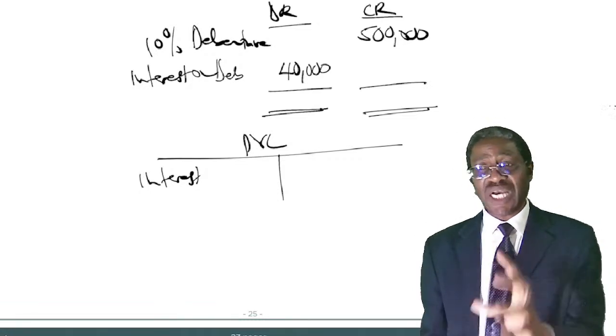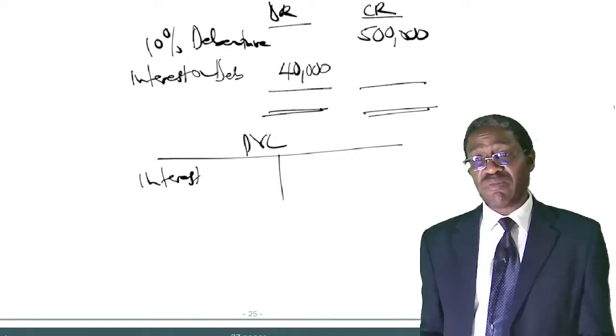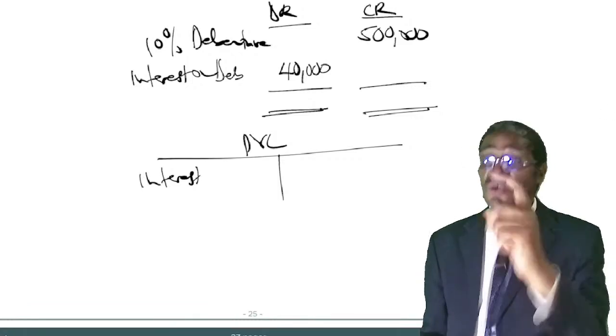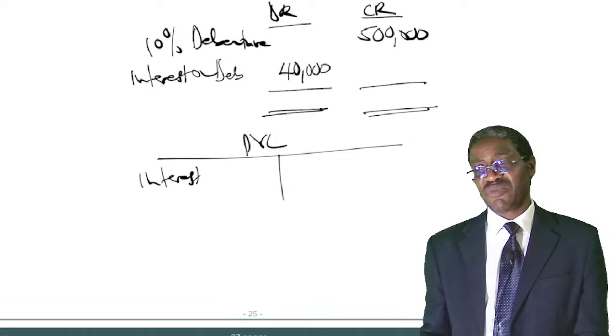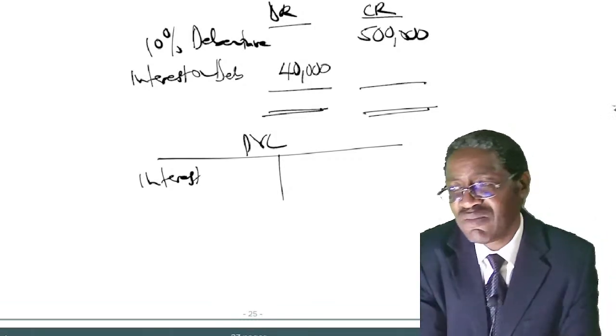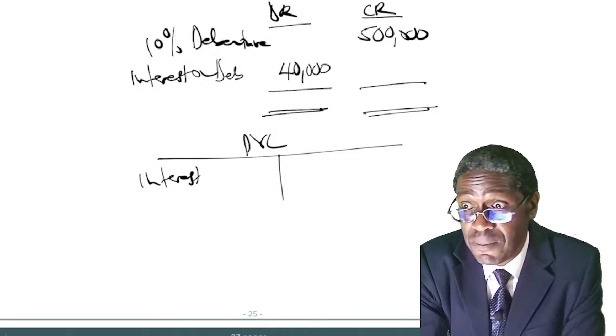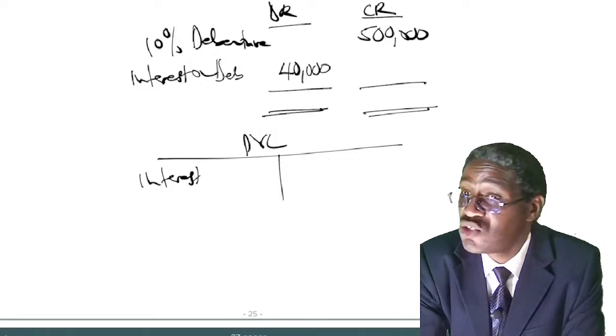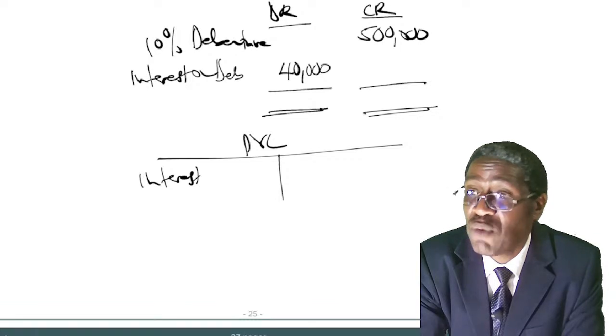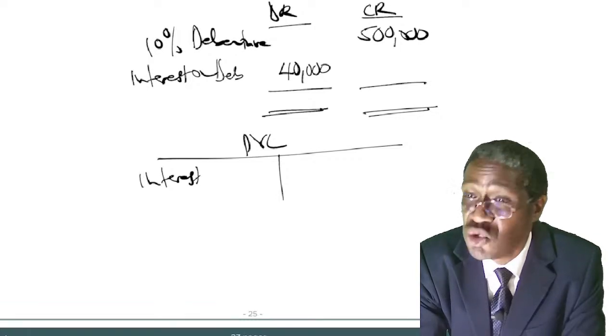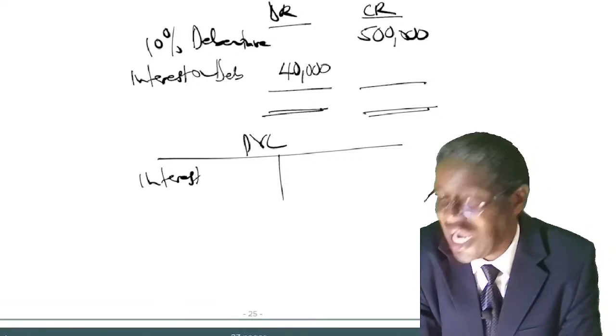Tell me what should be charged in the income statement whenever you are given such a trial balance. This is not new. I am only asking you to remember what you used to do in financial accounting. I want to apply it.